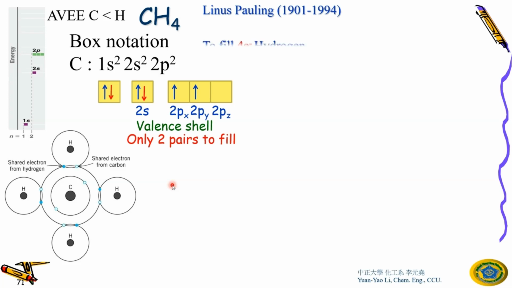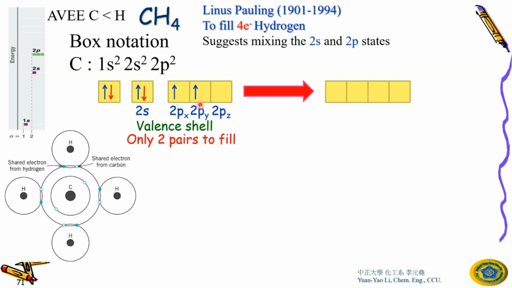So Pauling suggested mixing the 2s and 2p states together. That means this is what we call hybrids. This is what we call sp3 hybridization. So we can put these 4 electrons into this hybrid shell.